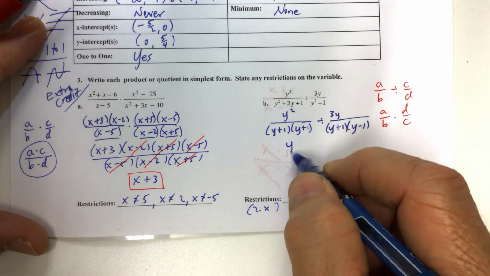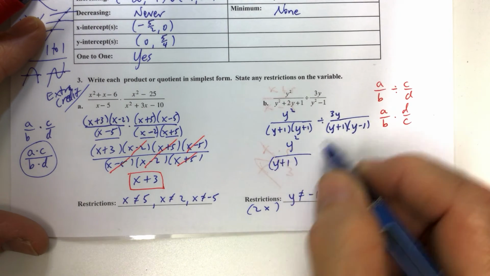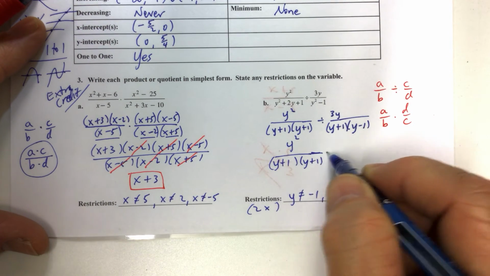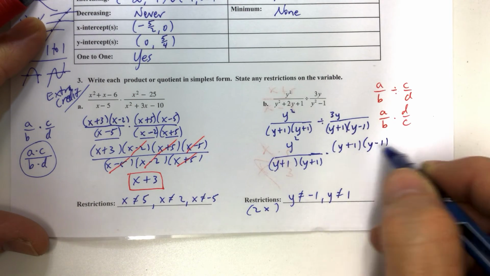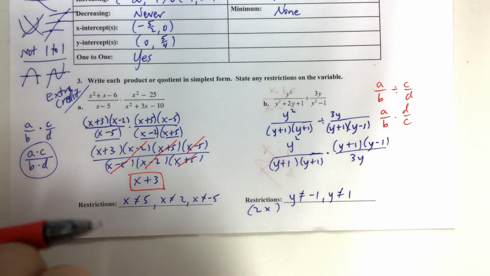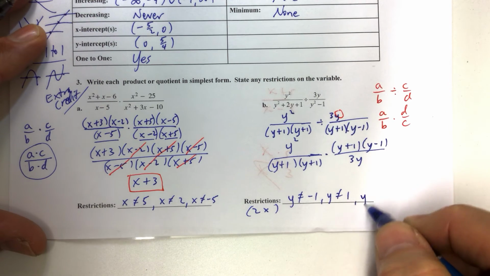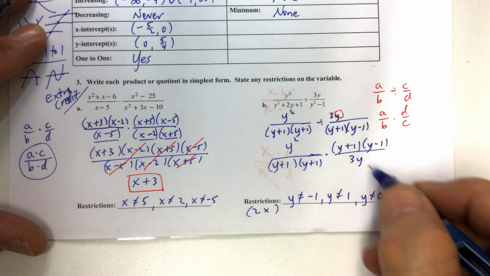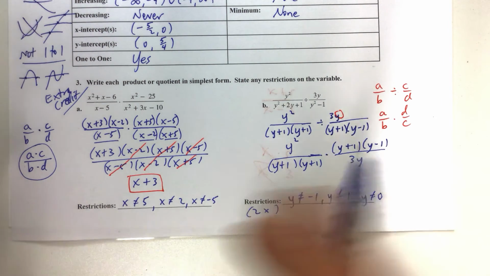But now we're going to change the division to multiplication and flip the fraction over. Before we do that, we identify any other restrictions: once we flip this fraction over, y equaling 0 becomes a restriction. So y is not allowed to equal 0 because, once you flip the fraction over, it makes that denominator equal to 0. Okay, so that takes care of our restrictions.